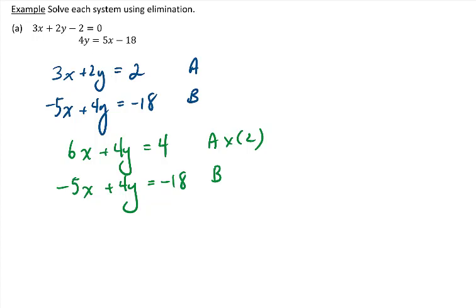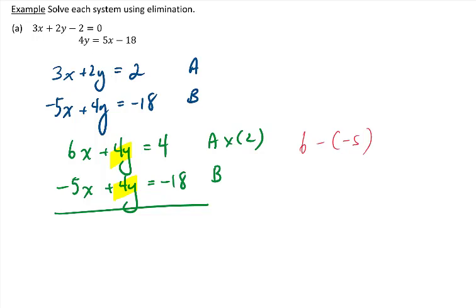That's equation B. And I see that since these have the same coefficient, if I subtract them, I'm going to get 0. So I'm going to eliminate the y variable. But let's go through the rest. I have 6x's minus negative 5x's since I'm subtracting.